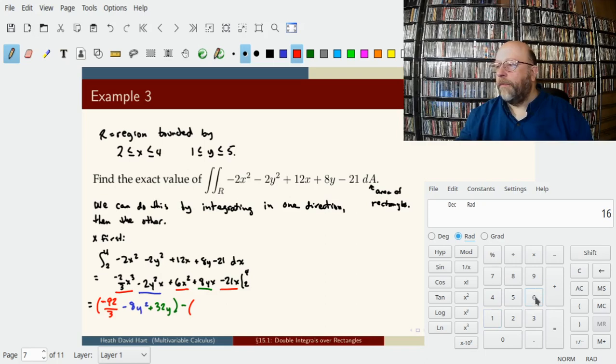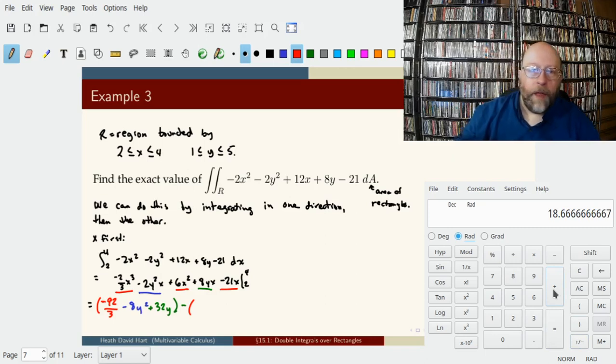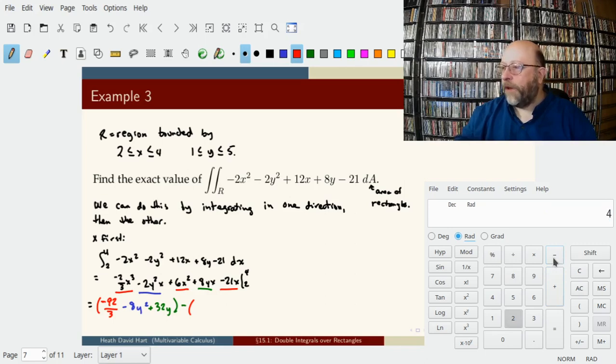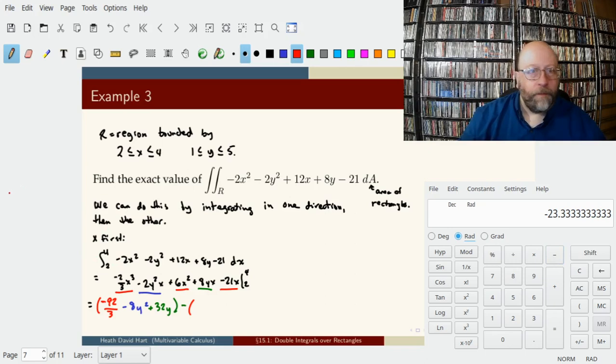Plus 24. And then minus 21 times 2. So that's minus 42. And we'll get negative 23 1/3. That's negative 70 thirds.